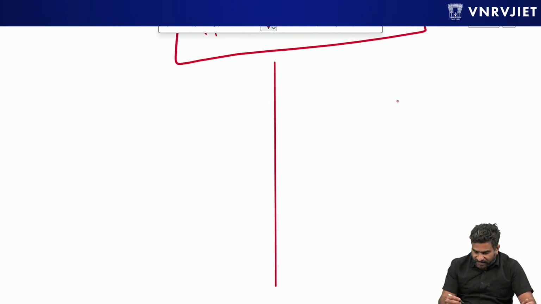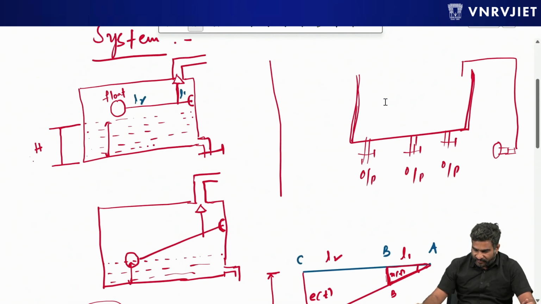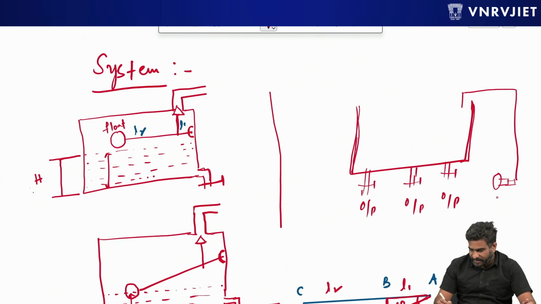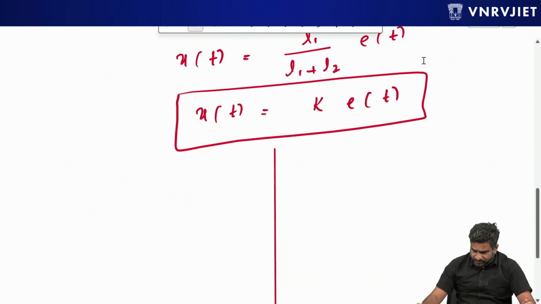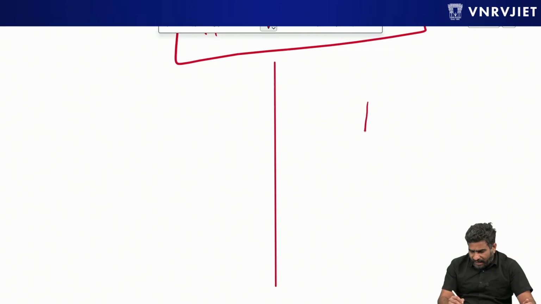So in the first case, the uncontrolled case, the input is the water pumped by the motor, and the output is the water level inside the tank, maybe H of t or Y of t. So in general we call it Y of t.